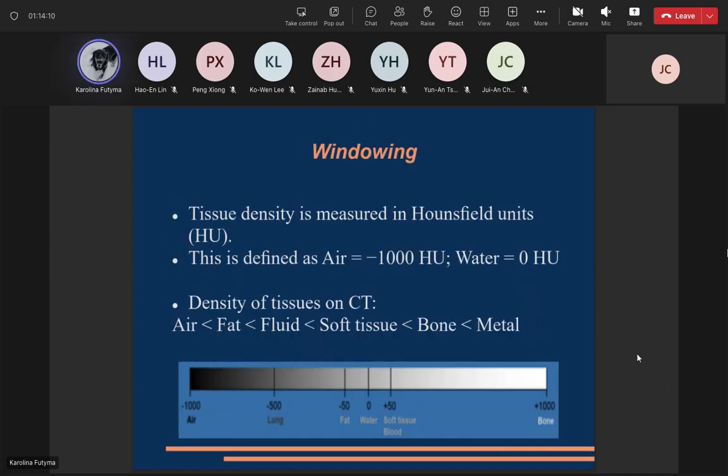Windowing, so we have Hounsfield units to describe the CT, and as you remember, we have different colors of the different tissues. So the more dense the tissue is, the more white it is. It's showing as more white.